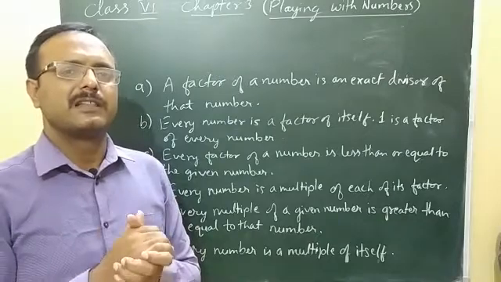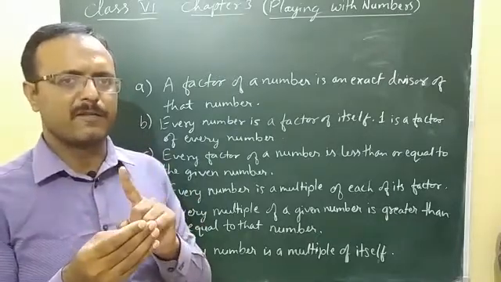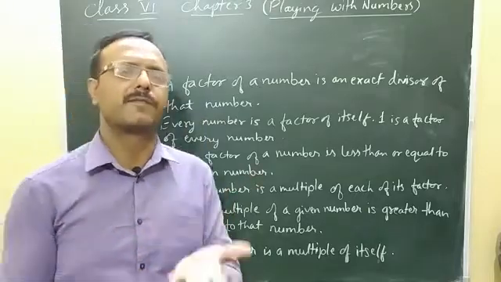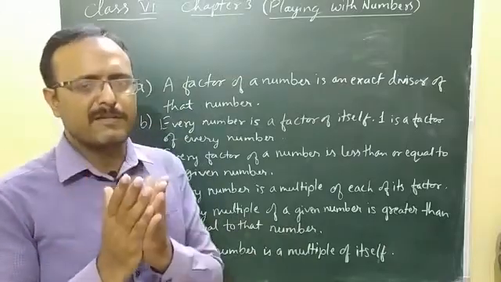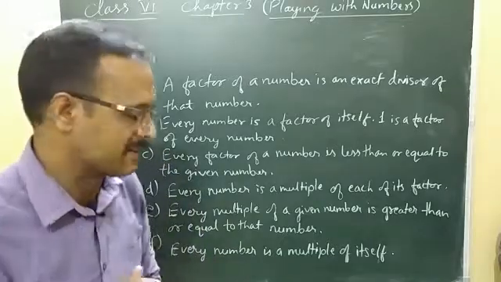You can say a multiple of 3 is also 15, a multiple of 5 is also 15, a multiple of 1 is also 15, and a multiple of 15 is also 15. So the number will be a multiple of its factors.